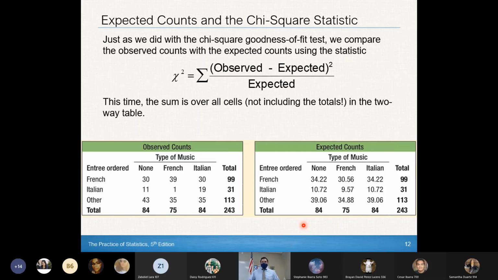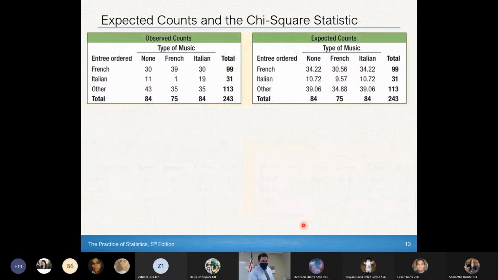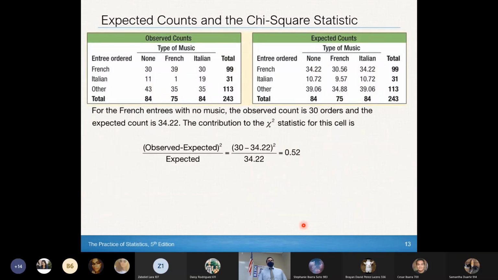We have 9 entries in each of these tables. For the French entrees with no music, the observed count is 30 orders, and the expected count is 34.22. The contribution to the chi-squared statistic for this cell is 30 minus 34.22 squared divided by 34.22, which gives us 0.52.